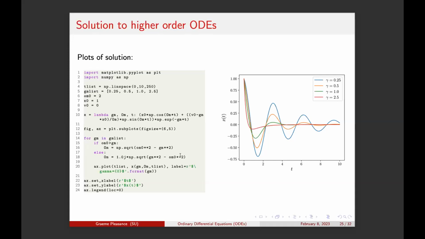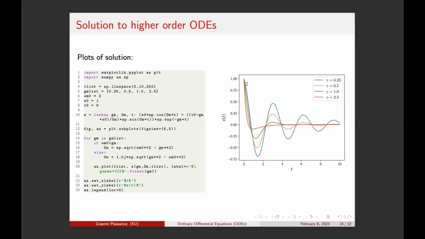It'll just return a nan value. Okay, so then in this line, we plot the solution for each of these different values of gamma across this time interval. And what we see on the right-hand side is the plot that's produced by this snippet of code.